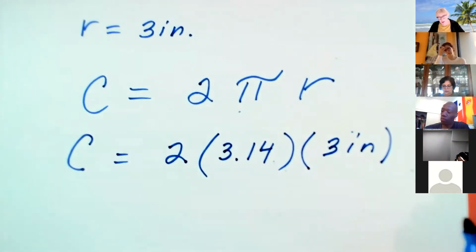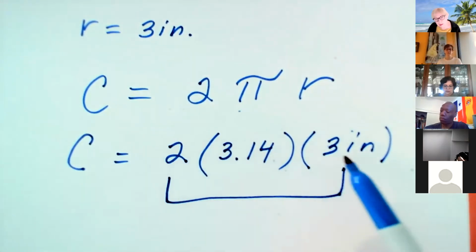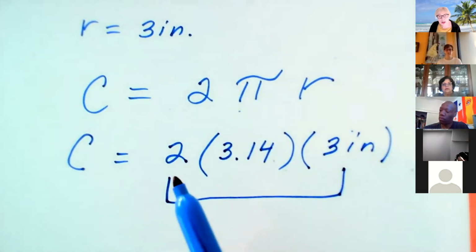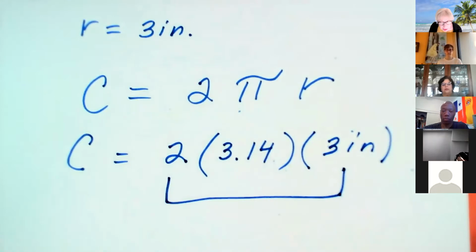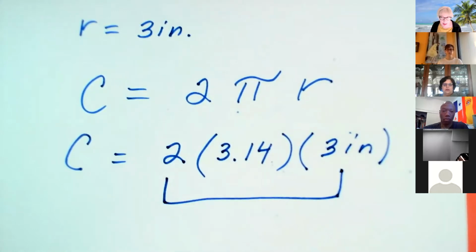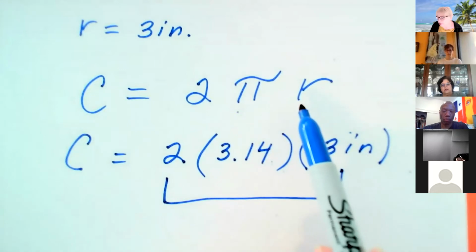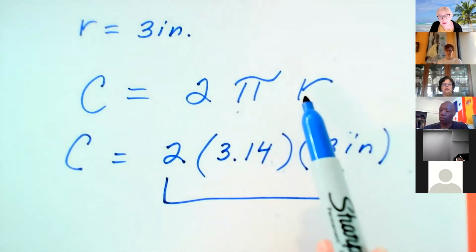Well, if you stare at this a little bit, you can see that these all have to be multiplied together so that the 2 times 3 will give you 6. And 6 times 3.14 will give you the same answer we just had. So this is the formula if you just don't want to convert the measurement of radius to diameter.